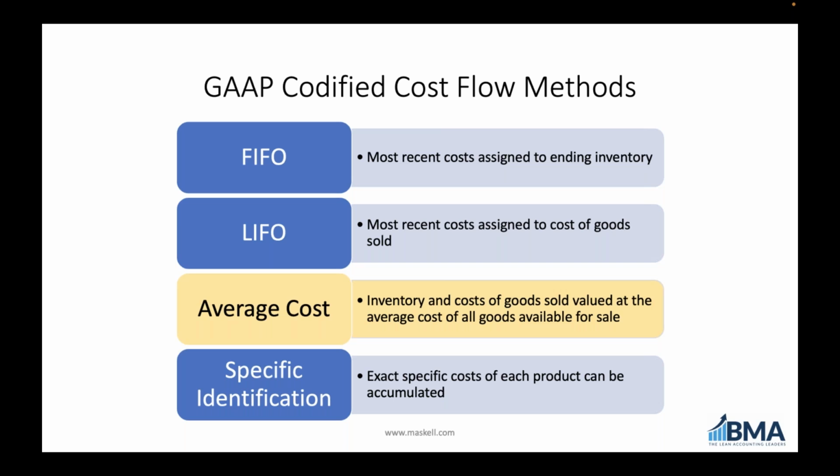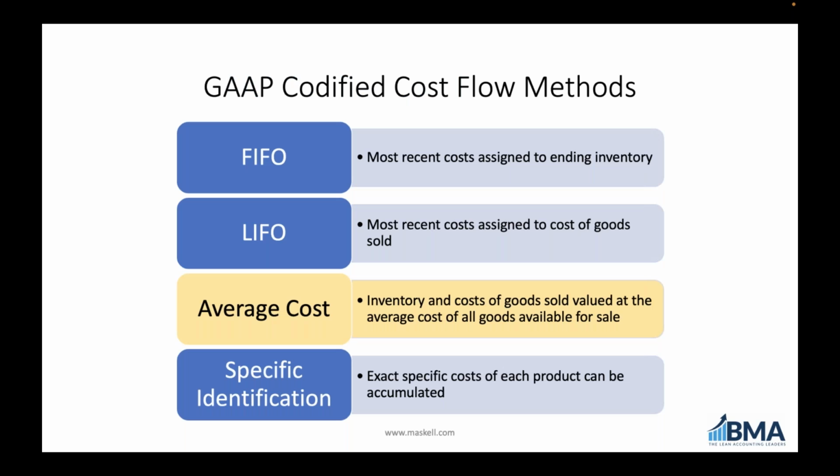Now, the reason that the average cost is in a different color is because that is the basis for the lean inventory valuation methodology. And I'm going to go on to explain this after we do the attendance check.